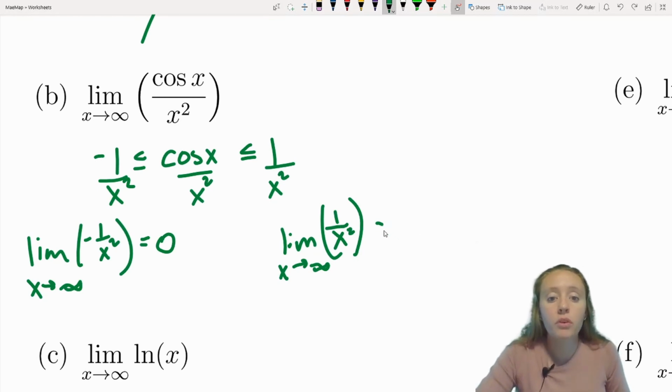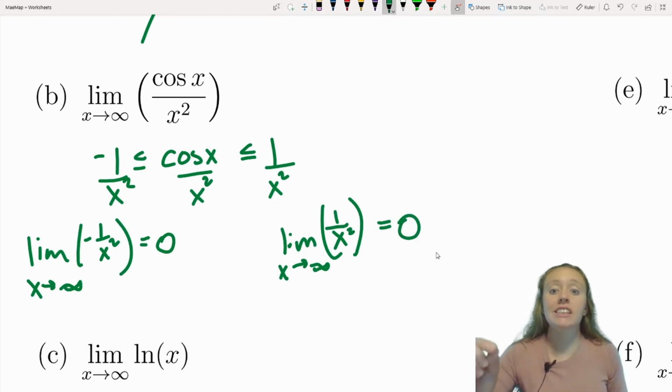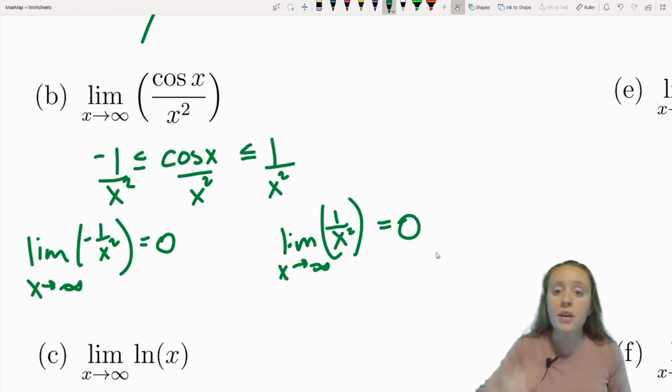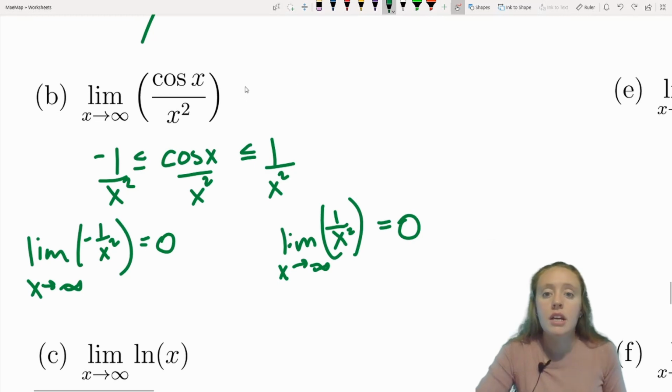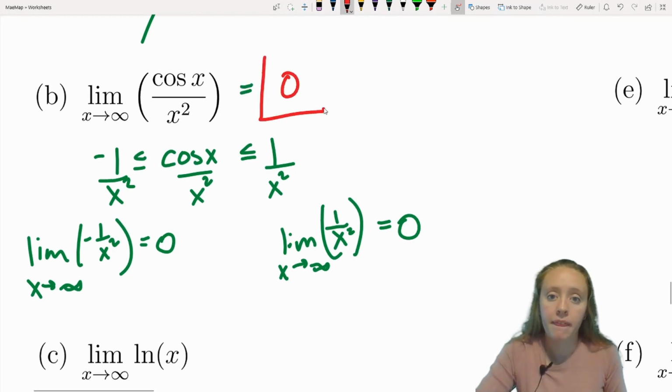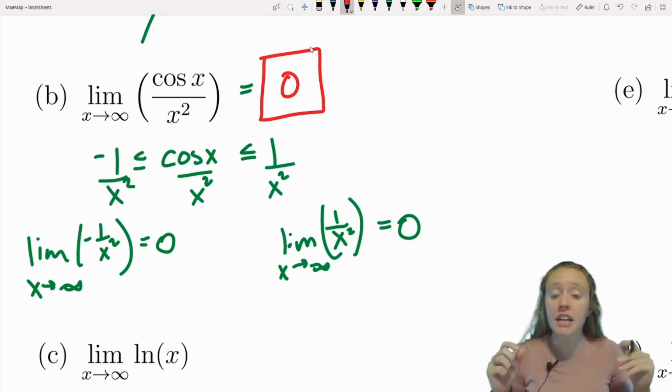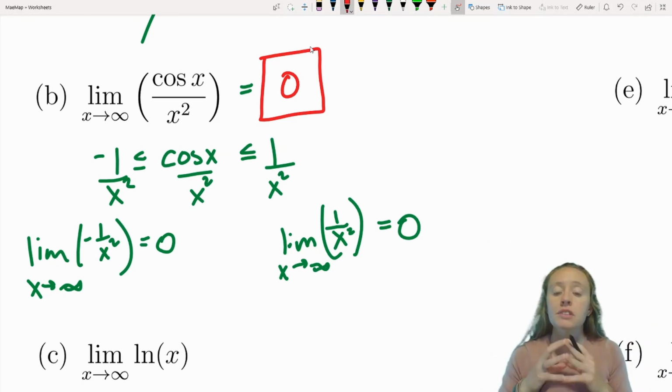So because both of my limits are equivalent to 0 and cosine of x over x squared is trapped in between, I know that that limit is also equal to 0. So technically, even though this function is oscillating, it's heading towards 0, that still makes y equals 0 a horizontal asymptote, because our function is approaching that horizontal line, y equals 0.